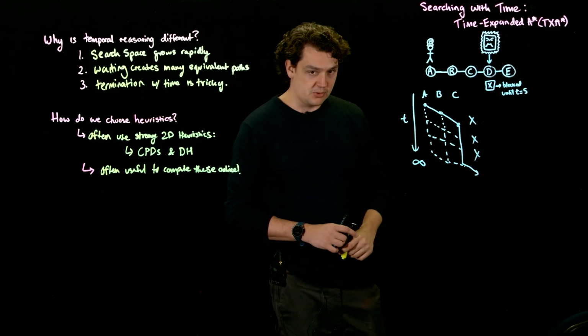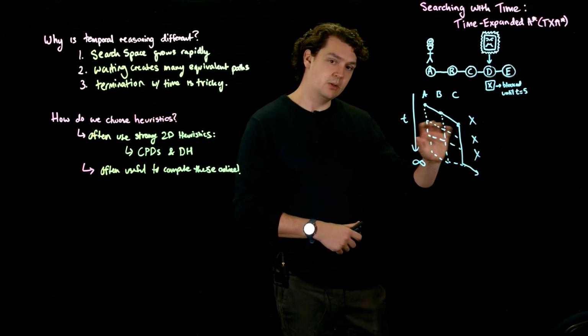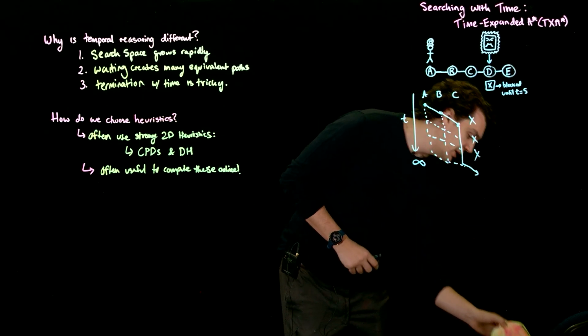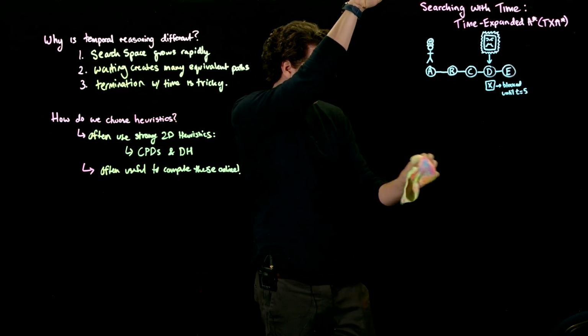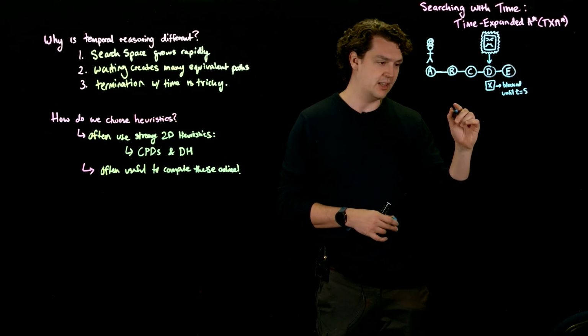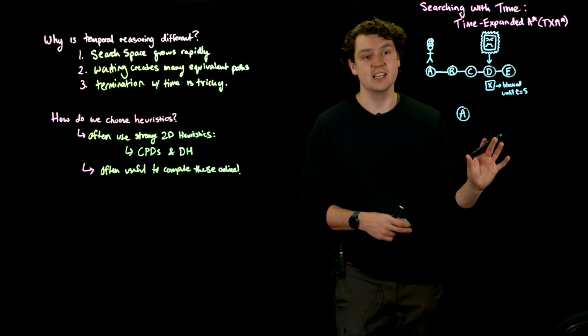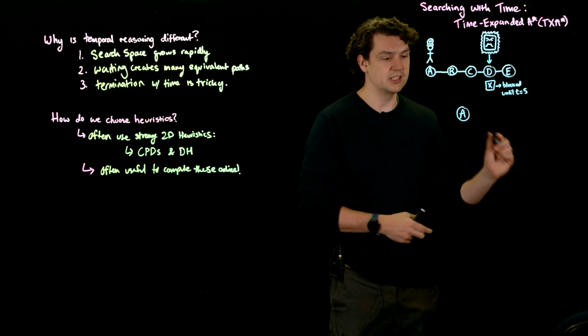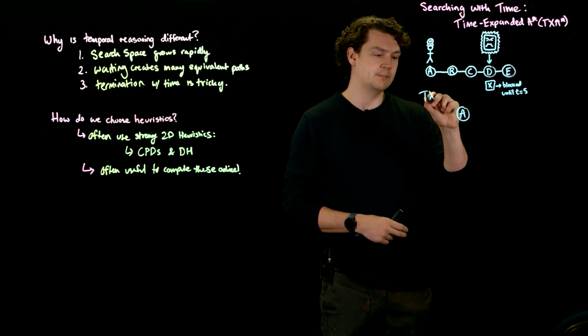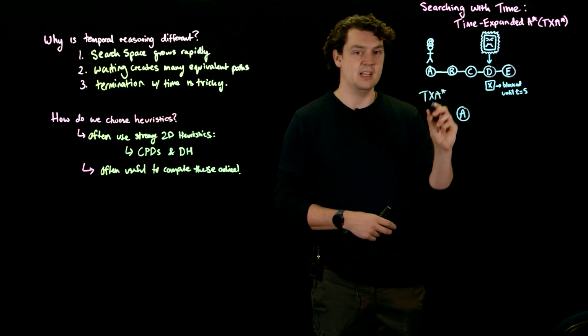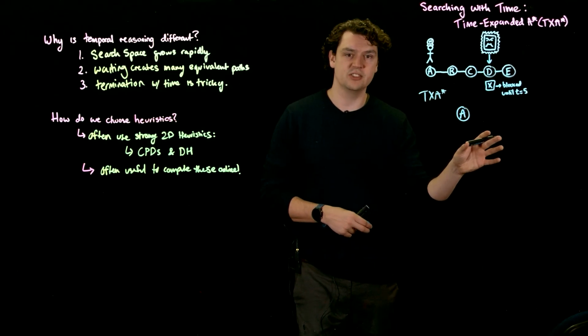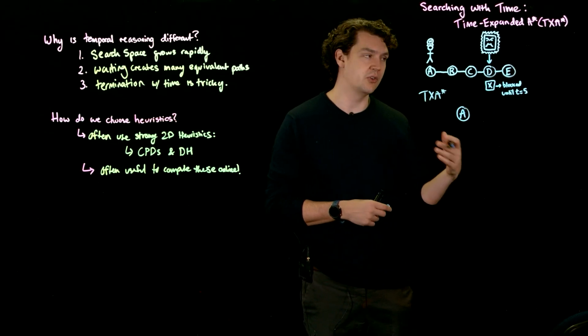I'm going to walk through a simple example over here. I'll erase this quickly and then we'll get started. Okay, so let's have a look at how this little example would work for TXA star. But this isn't explicitly just TXA star, this is just new versions of nodes.